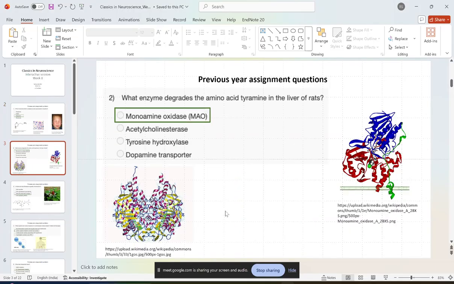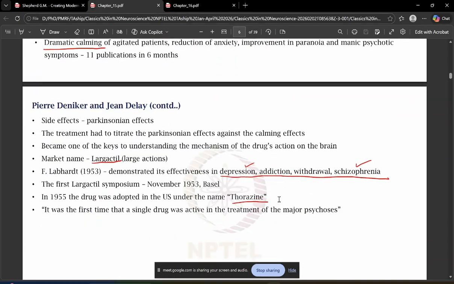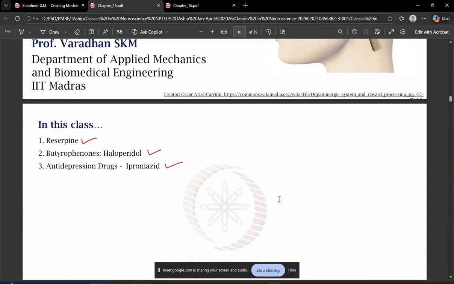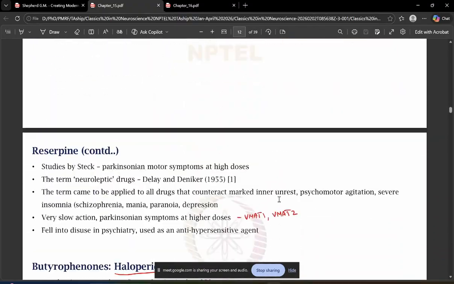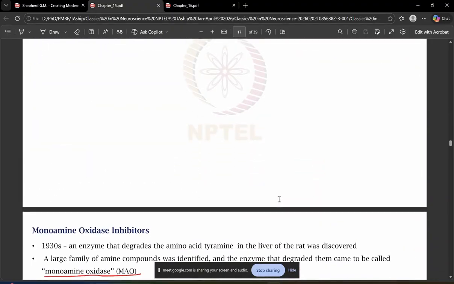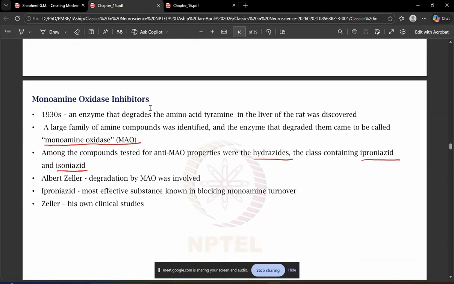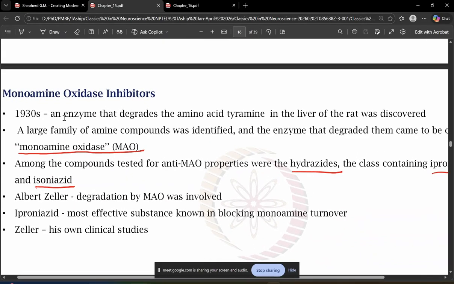Next question. What enzyme degrades the amino acid tyramine in the liver of rats? Okay. So, again, let me go back to the text. So, in the 1930s, it was seen that there is an enzyme that is able to degrade the amino acid tyramine in the liver of rats.